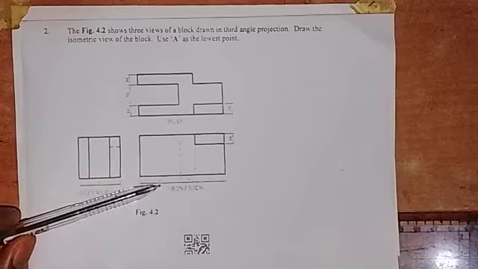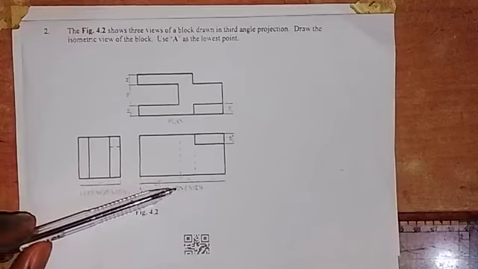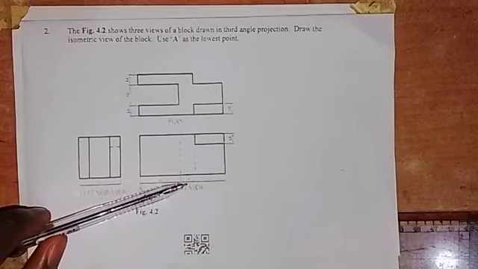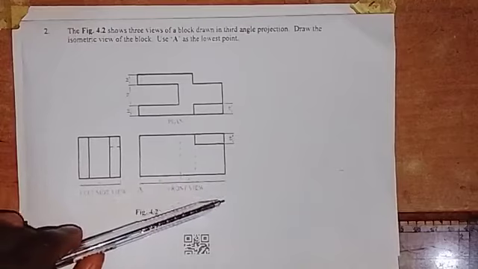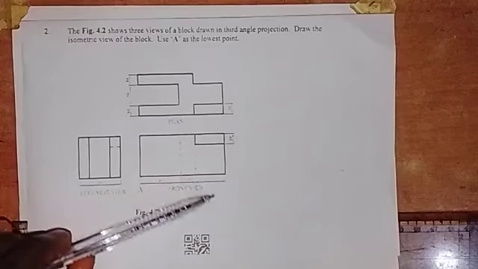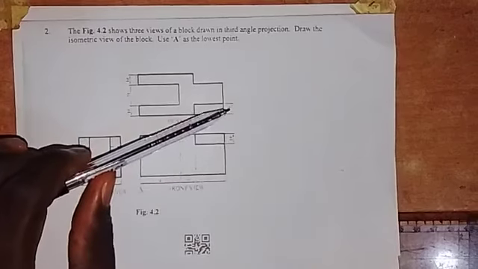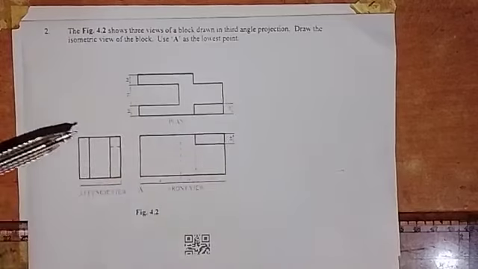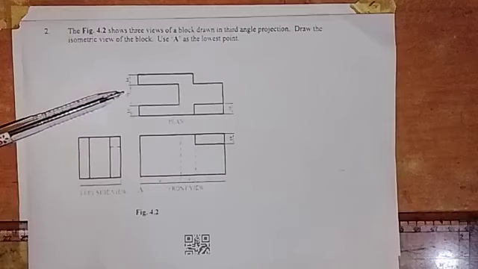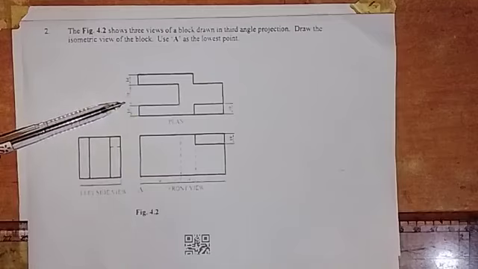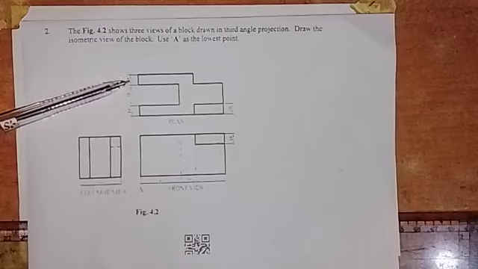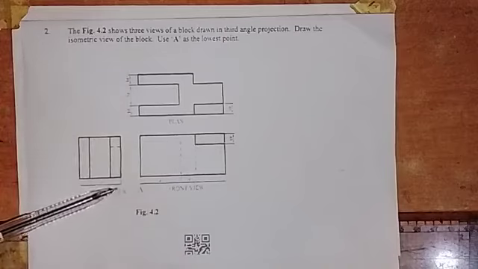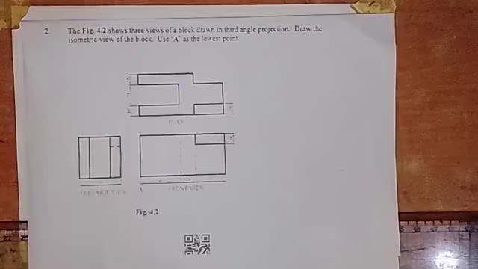I think this is 40 and this is 15, and this is 30, this is 30, this is 10, this is 10, and this is 30 and this is also 10. From here to here, this is 40. So I think I can see the dimensions, but if you have a copy with you, just take it and go along with me.